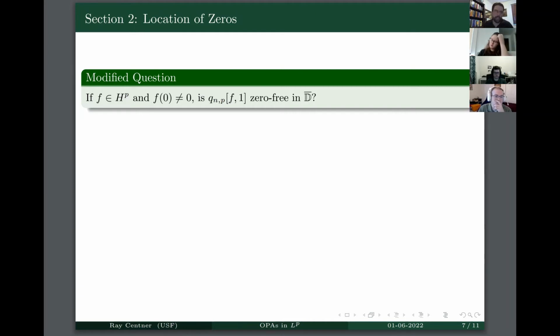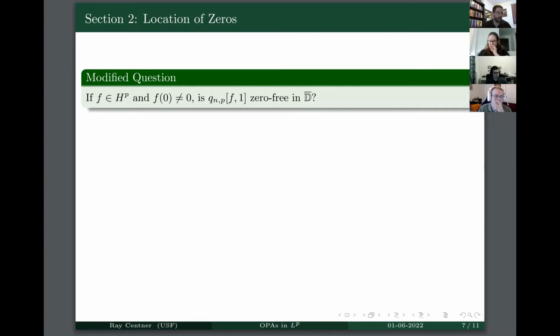Showing it when P is 2 is not terribly difficult because we're in the Hilbert space setting. So we have tools such as reproducing kernels to make estimates on the zeros, but all that goes out the window in this case. But what we do have is the theory of subharmonic functions, which you can use.